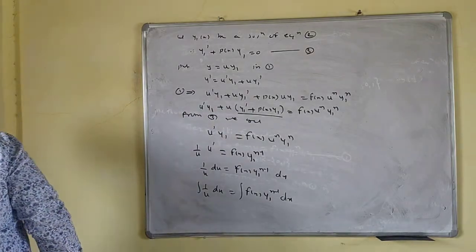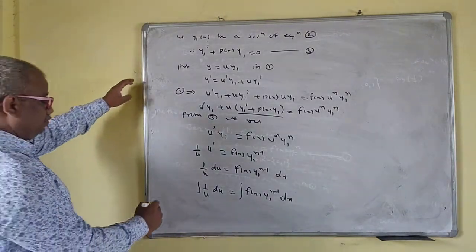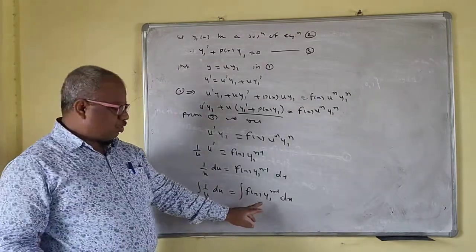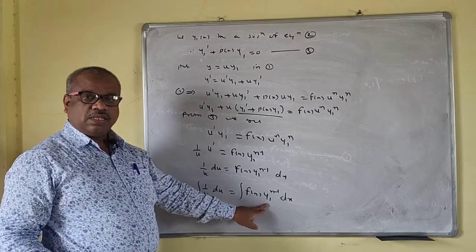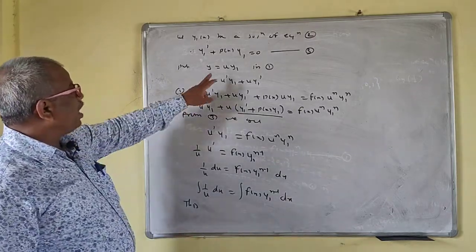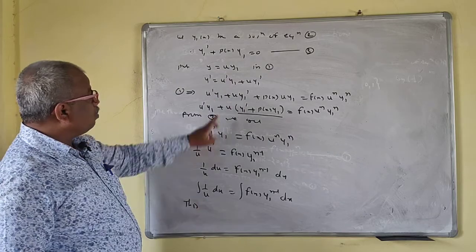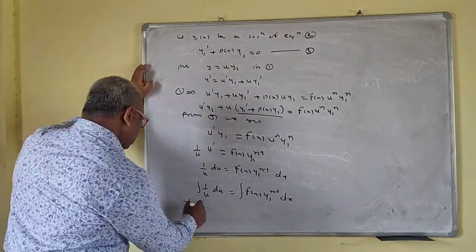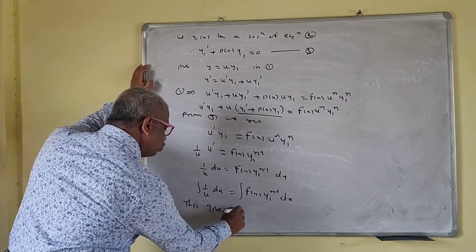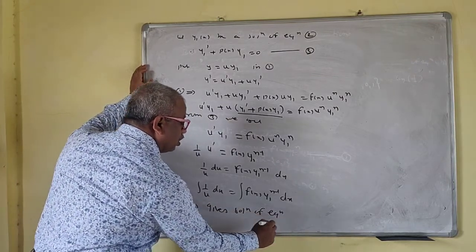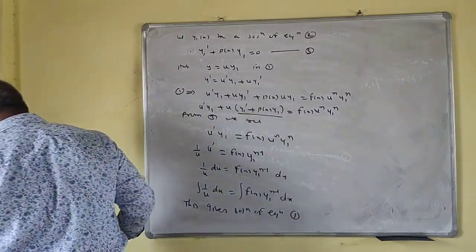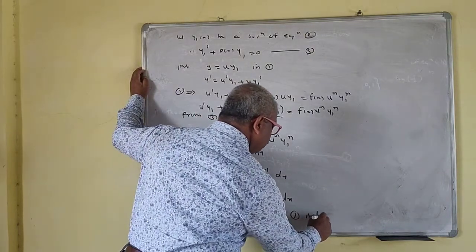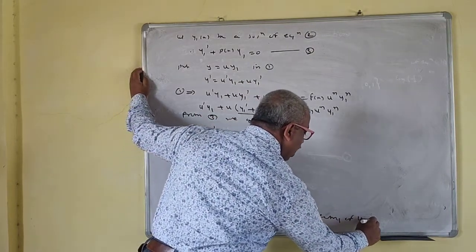This gives, you can integrate this. If you know f of x and y1, then you can integrate this. And if you put u is equal to y upon y1, you will get the solution. This gives the solution of equation 1 in terms of u and x.